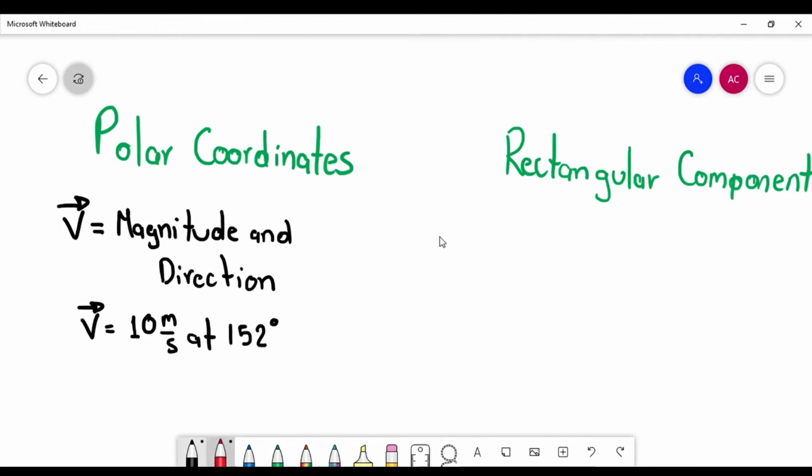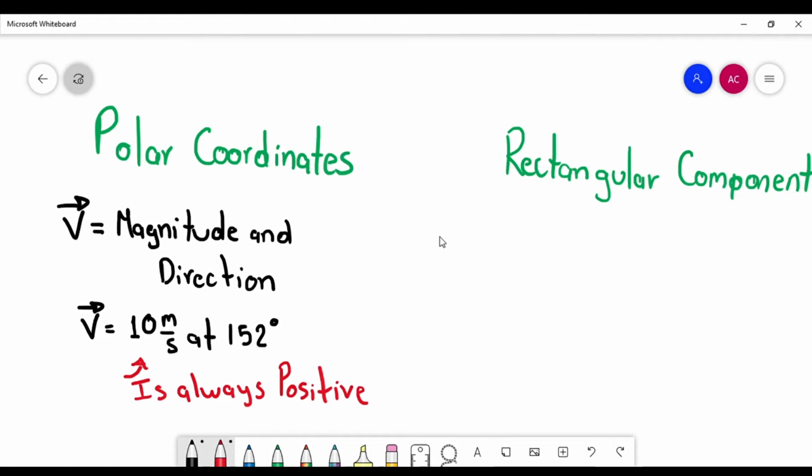Okay, so once you see this representation of a vector, that means that that vector is written using polar coordinates. Now there is something very important, is that this number over here is always positive, always, because the direction, positive or negative, is given by the angle.